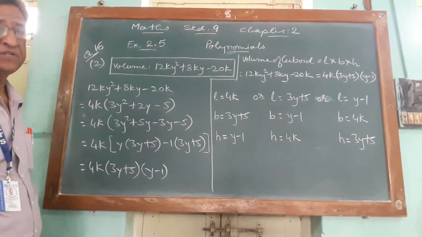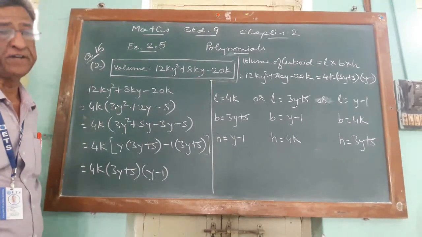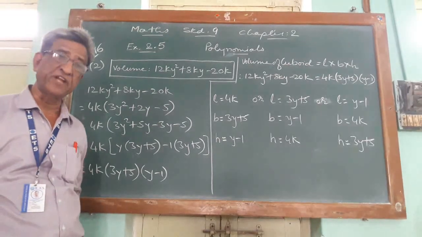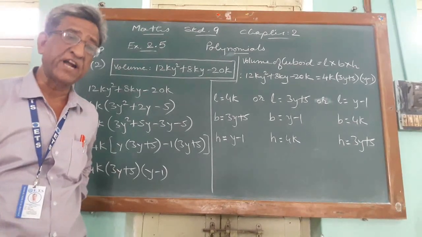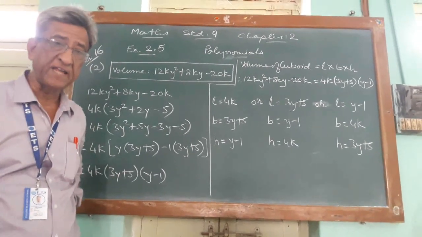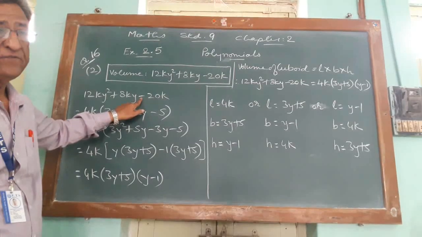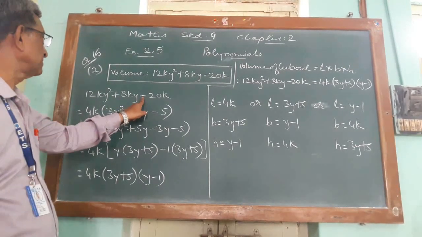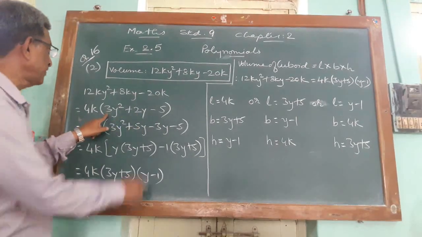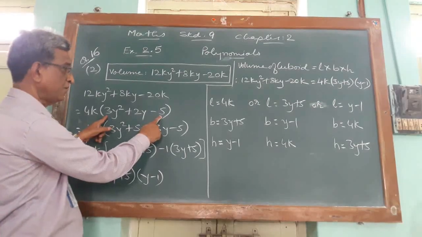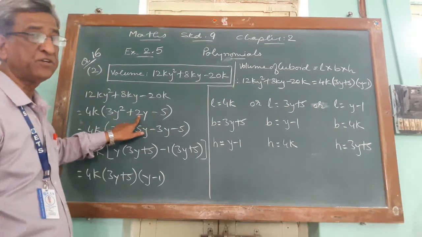Again you have to factorize this trinomial. 5 3s are 15. Find the factors of 15 such that if you multiply you must get 15, and if you subtract you must get 2.